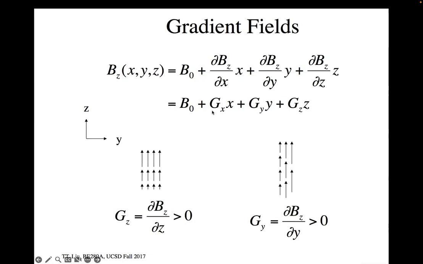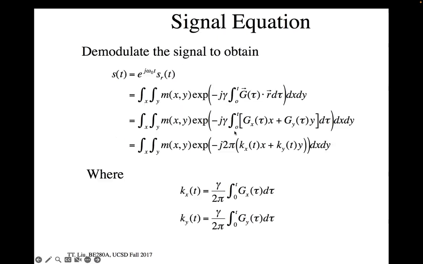And then if I switch on an X gradient, a Y gradient, and a Z gradient all simultaneously, it's going to change the magnetic field as a function of position. And the amplitude of the gradient times the distance in X will give you the frequency change from the X gradient, and the same for these as well. And so switching these gradients on and off is what's used to do the encoding. I don't know if this is the best way to do it in a short term.